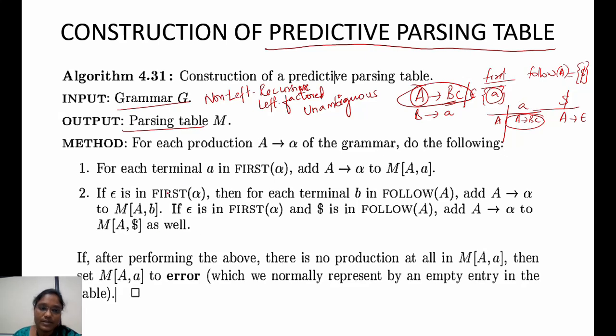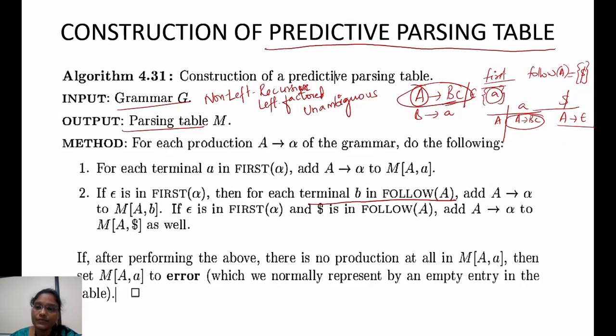If epsilon is present in first of alpha, then for every terminal present in follow of that variable, we add that production in the table. And if we have both dollar as well as other follow terminals, everywhere we include that production.